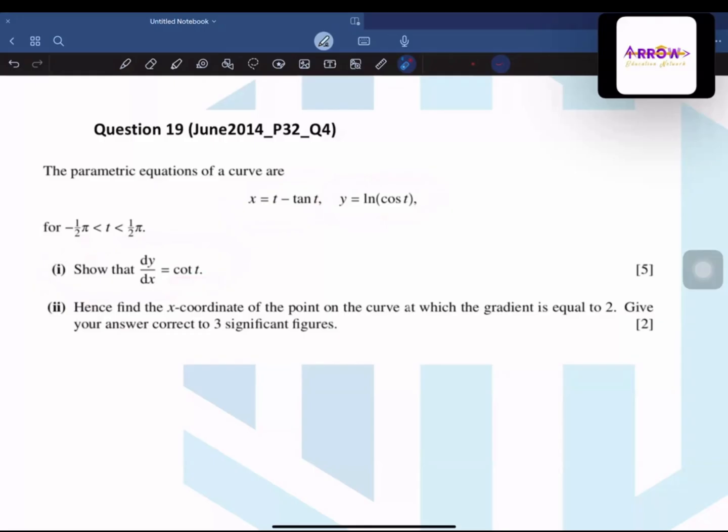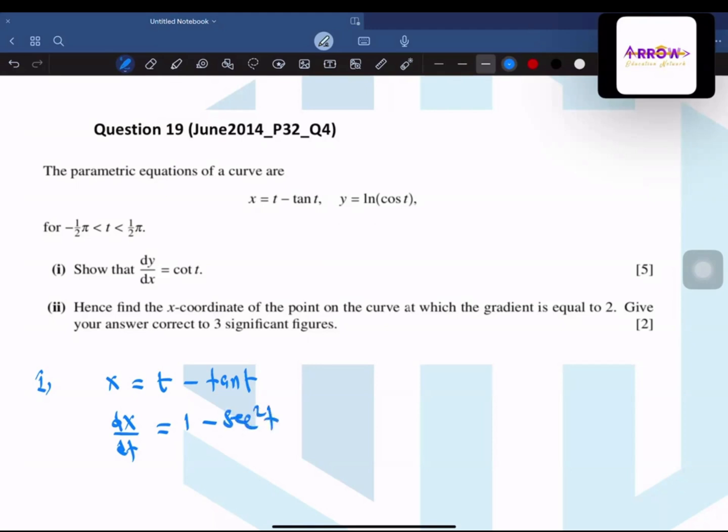So first things first, we have x as a function of t. So x = t − tan t, and we are going to differentiate x with respect to t. So dx/dt is equal to, when t is differentiated, this is 1, and then minus, and when we differentiate tan t, we get sec² t.